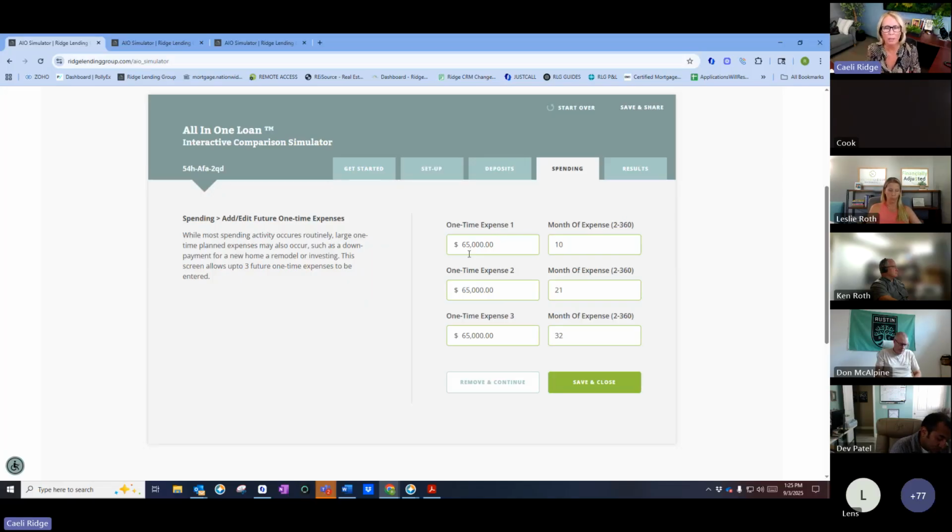Anyway, whatever. The point is that 65,000 is what the assumptive expense was in month 10, in month 21, and in month 32. Okay, so during these times, they were able to draw this amount of money from this line of credit and acquire 3 investment properties.